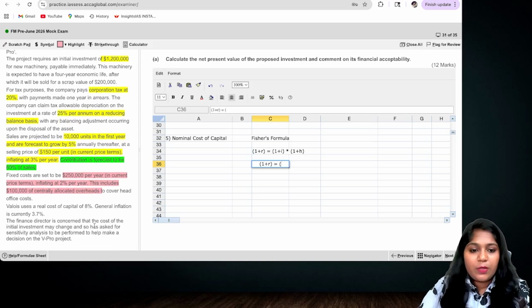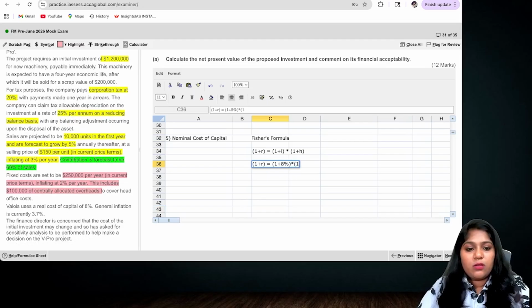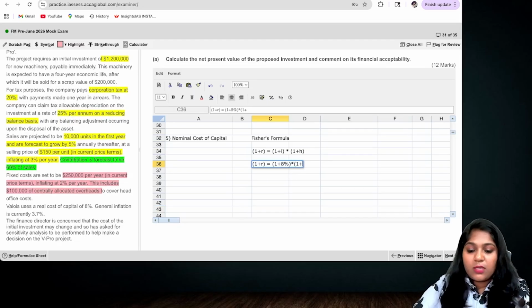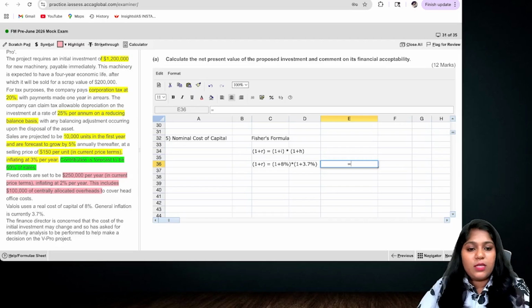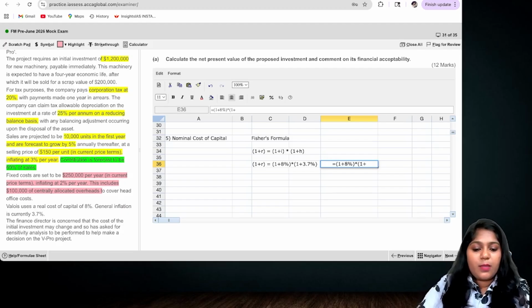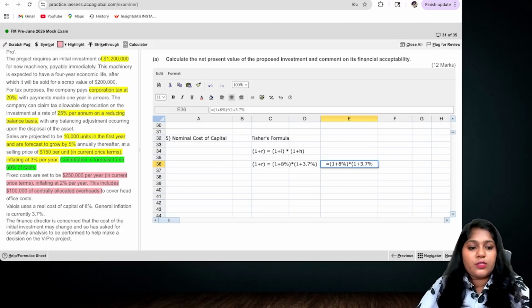The real cost of capital is 8% multiplied with general inflation of 3.7%. That should give us a value of, you can do it as 1 plus 8% multiplied with 1 plus 3.7%.